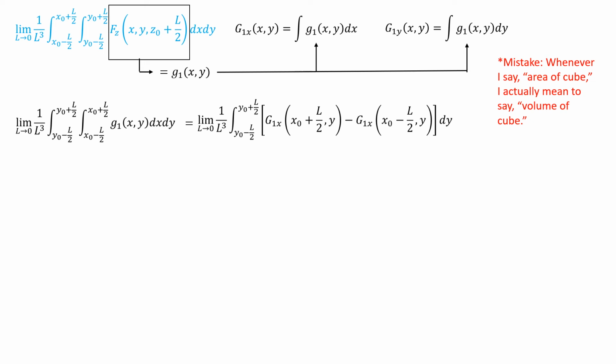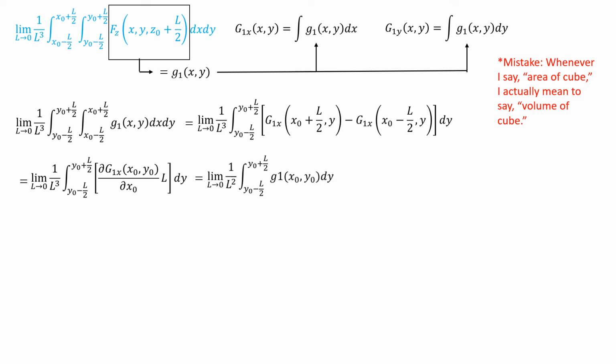And so the term in the square brackets, which is uppercase G1x of x naught plus L over 2, comma y, minus G1x of x naught minus L over 2, comma y, is going to be equal to the partial derivative of capital G1x of x naught, comma y naught, with respect to x naught, multiplied by L. And in the next one, the L's are going to cancel out, and that partial derivative is just going to be equal to g1 of x naught, comma y naught.